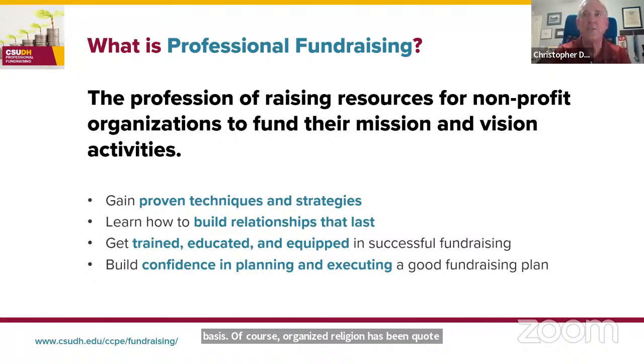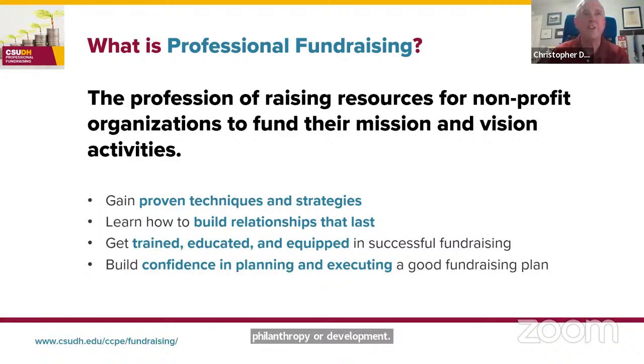But with the addition of training courses, conventions, associations of fundraisers, and colleges beginning to offer courses and degrees in nonprofit work and fundraising, the last 100 years has seen a move towards recognizing fundraising, or you might call it philanthropy or development, as a profession and a career path.